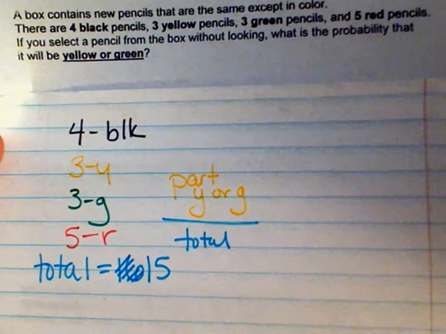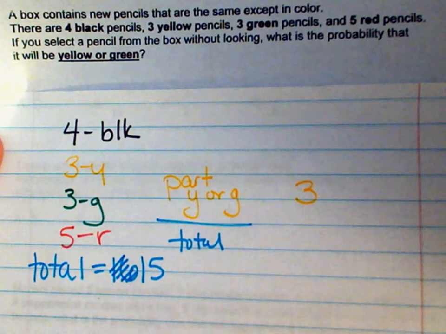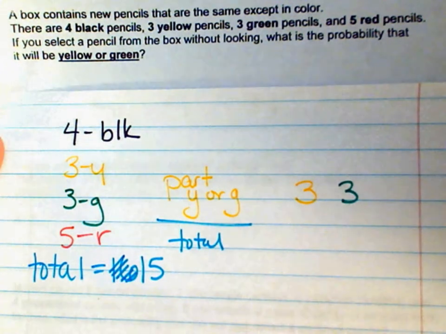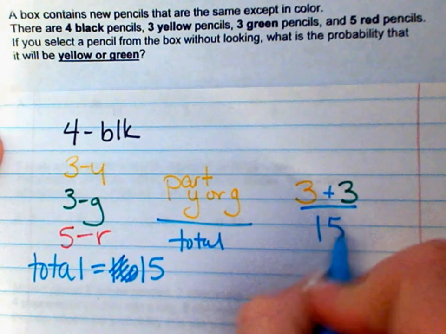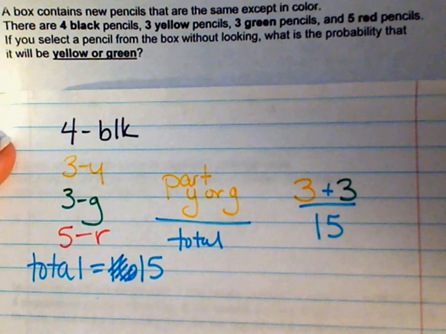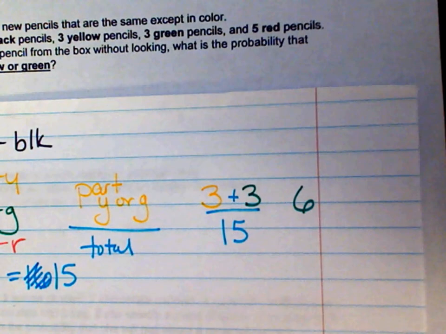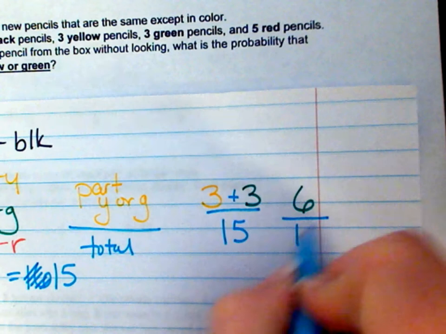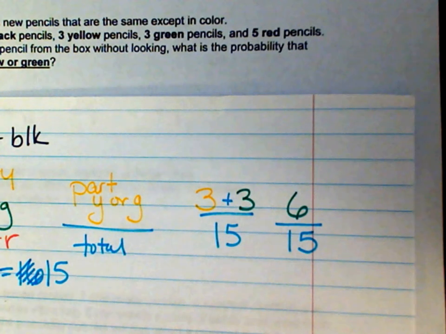So part yellow would be 3, part green would be 3, and I'm just going to add them up and put them over my total of 15. 3 plus 3 is 6. Put it over your total of 15. So I have a 6 in 15 chance of picking out a yellow or green.